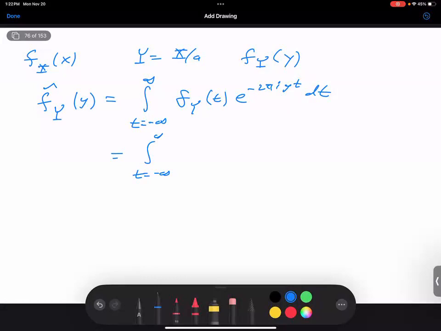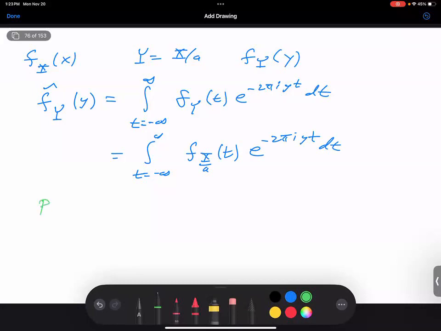It's a change of variables, and we've got to make sure we do this properly. It's going to be f of x over a of t e to the negative 2 pi i y t dt. That's clearly fine; I've just replaced y with x over a. But I want to figure out how they are related.